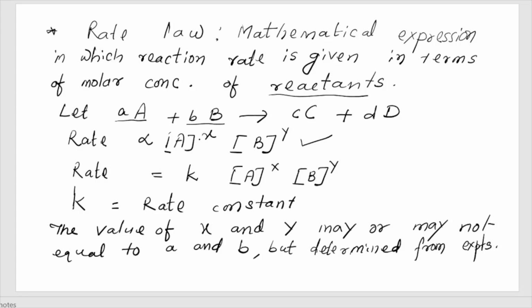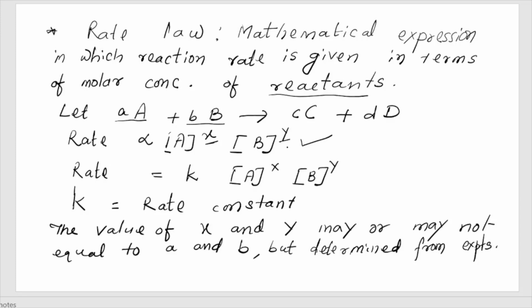Actually, this X and this Y are only calculated from the experimental values, determined from the experiments. The values of X and Y may be equal to a and b, but may or may not, that is not sure.